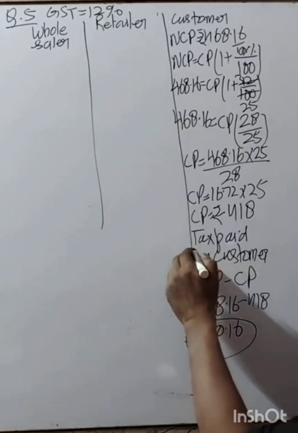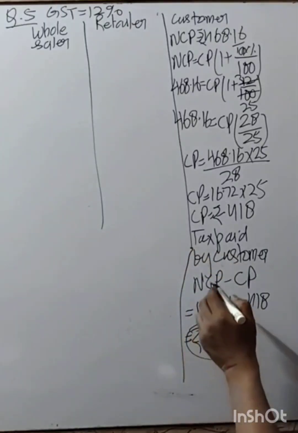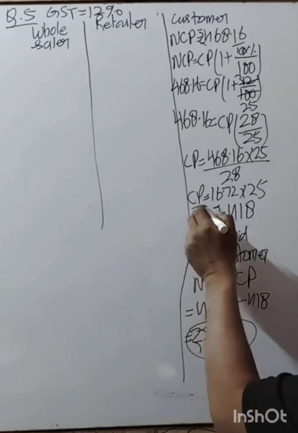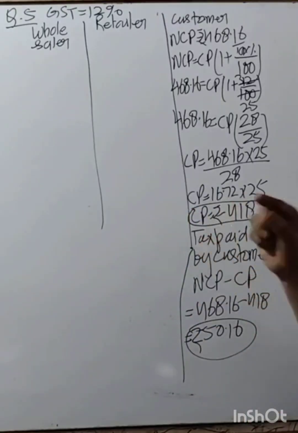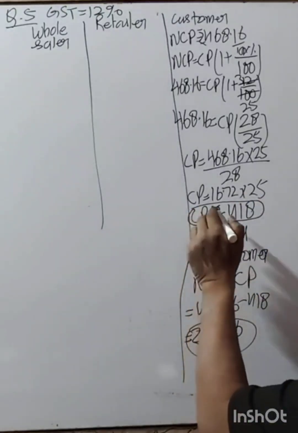The customer paid the tax of this much, and this is the cost price of the customer.